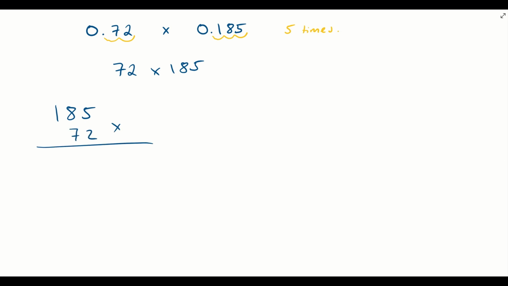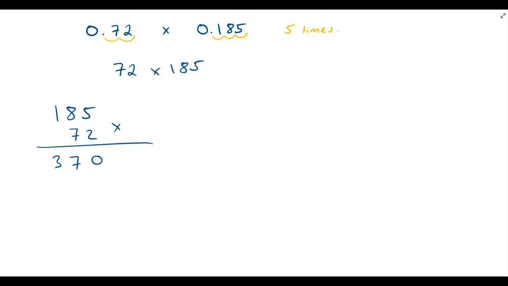Well, we deal with our 2 first. So 2 times 5 gives us 10, carrying the 1. 2 times 8 is 16, plus the 1 for 17. 2 times 1 here gives us 2, plus the 1 for 3. And then we can get rid of all of that because we're finished with the 2. We're now going to deal with the 7.